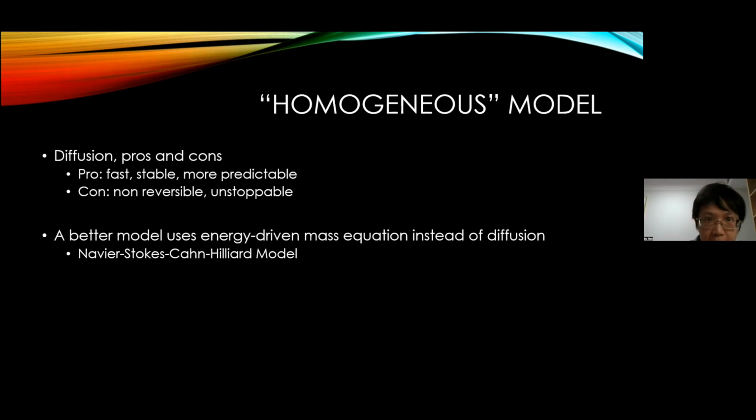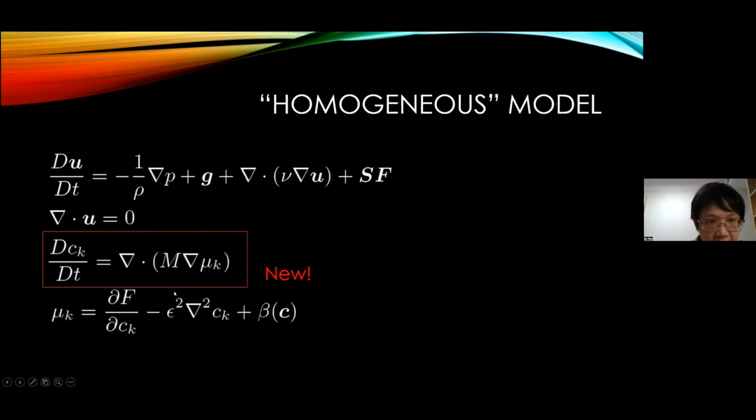A better model uses energy-driven mass dissipation instead of this diffusion. You can think of it as a better diffusion model, the so-called Cahn-Hilliard model, and the equations are like here. The first 2 equations are almost the single phase Navier-Stokes equations we are very familiar with.